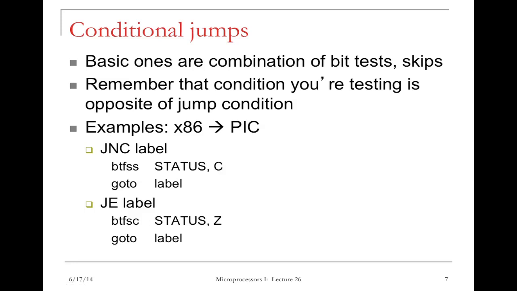On the other hand, if C is 0, this bit test will fail, because that's to check whether it's set. If it is 0, that's not true. So we will not skip the next instruction. That's exactly what we want to do.